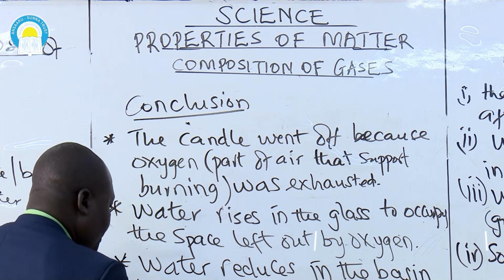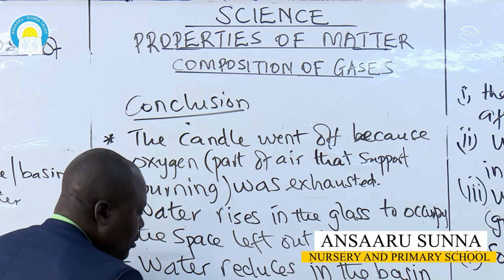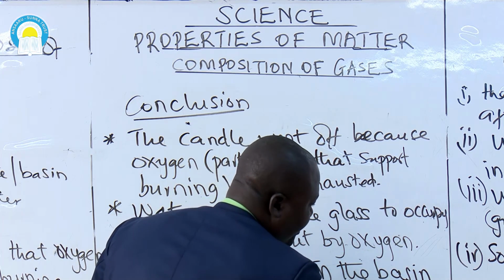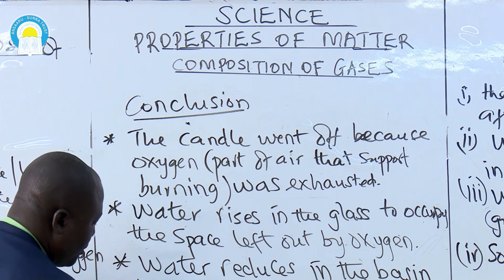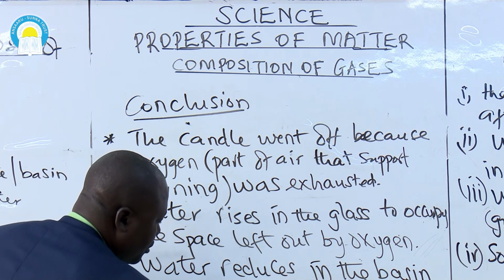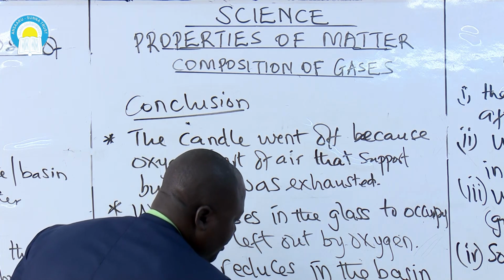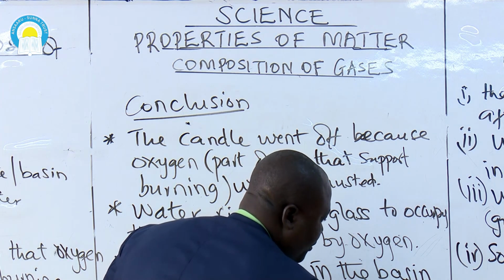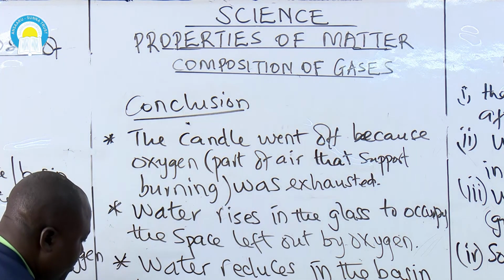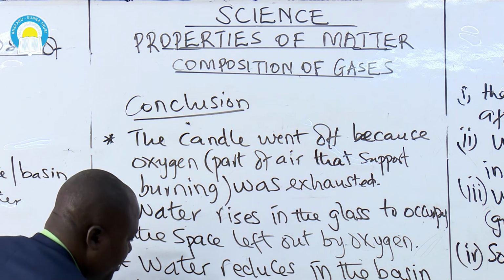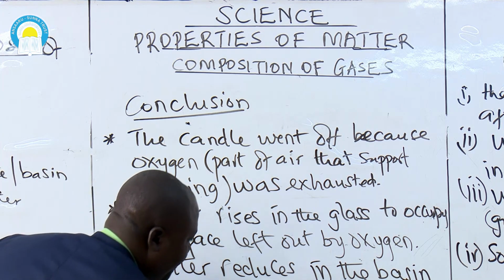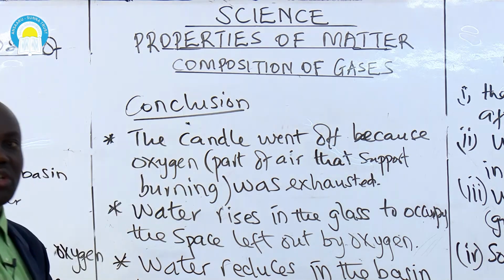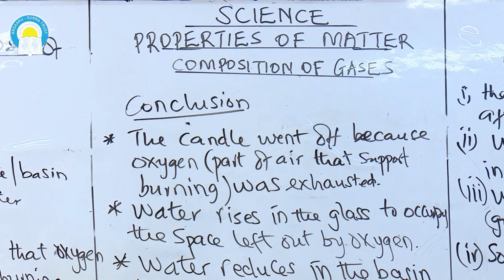So white smoke was seen in the glass to show the gas that does not support burning. So those are the observations. We have investigation, observation, and conclusion about uses of oxygen.